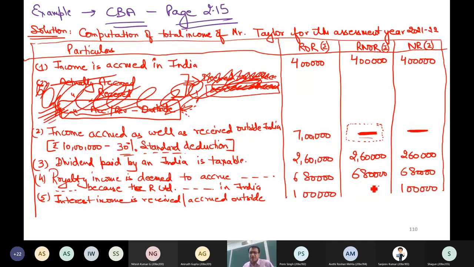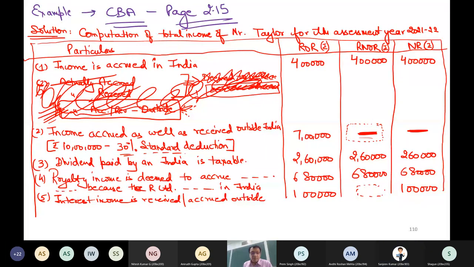And can you tell me the answer for RNOR, what I will show? Sir, nil. Nil. Why? Because it is interest income, not from business and profession. Yes.